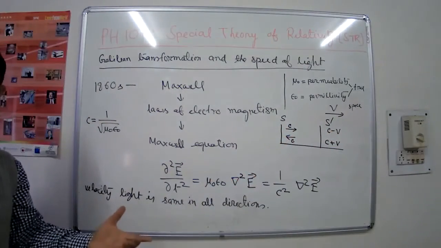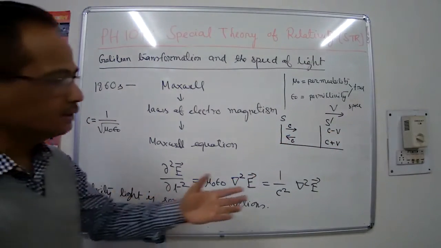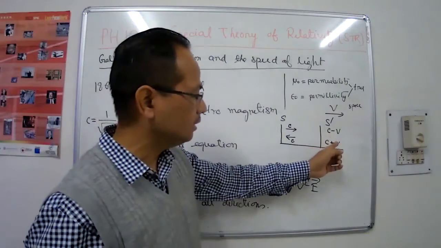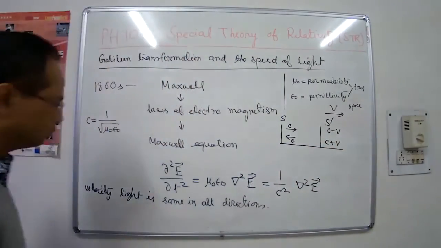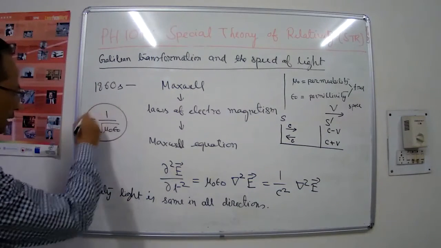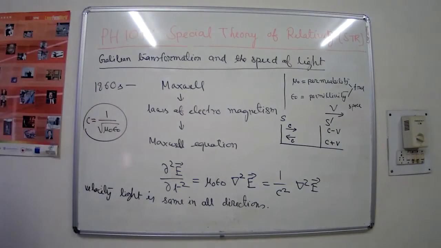So for the same beam of light, in one case you find the velocity to be c minus v, and in the other case c plus v, whereas according to Maxwell's equation it should have been constant. You cannot have light traveling in one medium with one velocity left to right and another velocity right to left.